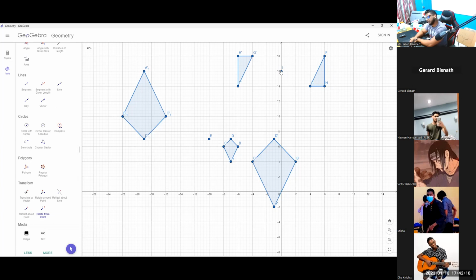That is interesting though. It's a dilation. So C will go to C prime, D will go to D prime, A will go to A prime. Okay, yeah, it makes a lot of sense.